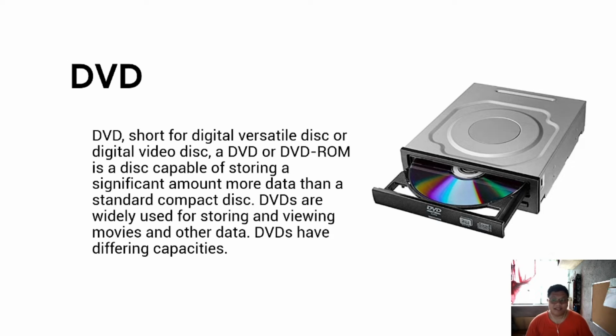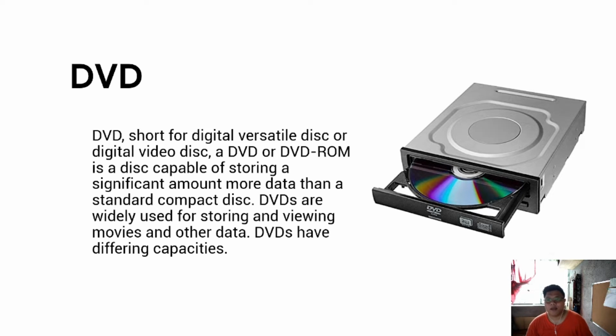Next, we have the DVD. DVD, short for digital versatile disc or digital video disc. A DVD or DVD-ROM is a disc capable of storing a significant amount more data than a standard compact disc. If I'm not mistaken, a compact disc only has 700 megabytes, so basically, we cannot save a movie.